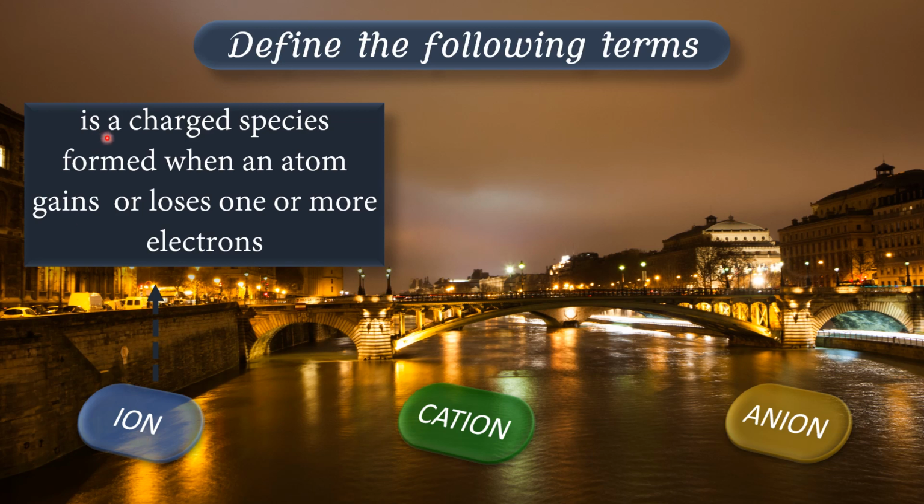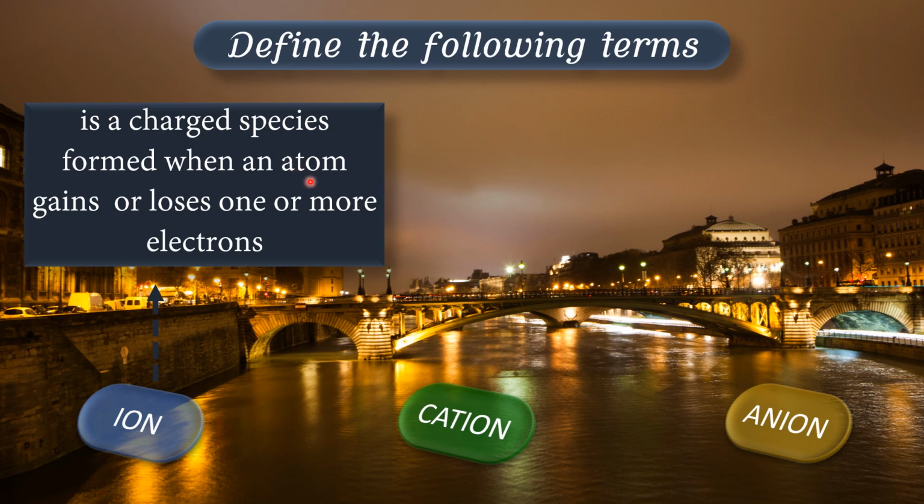Ion, this is a charged species which is formed when an atom gains or loses one or more electrons. It is a charged species, meaning that it acquires a charge.